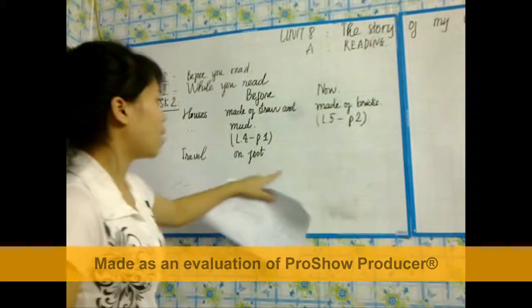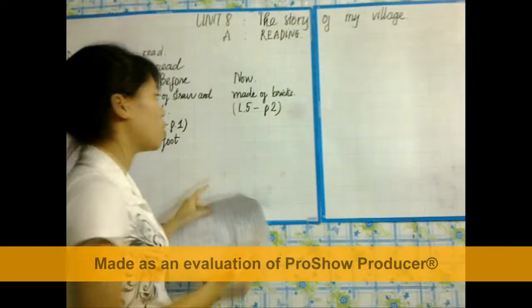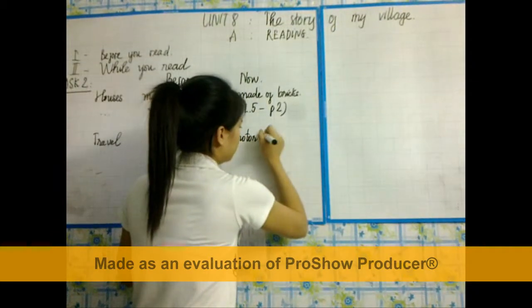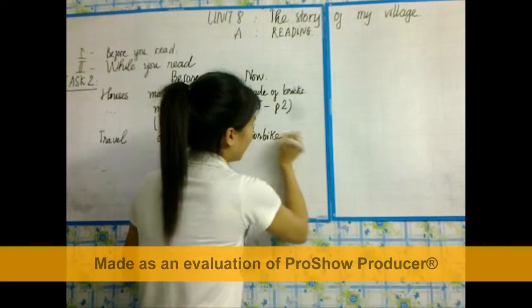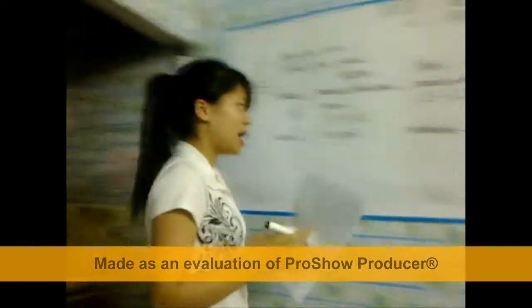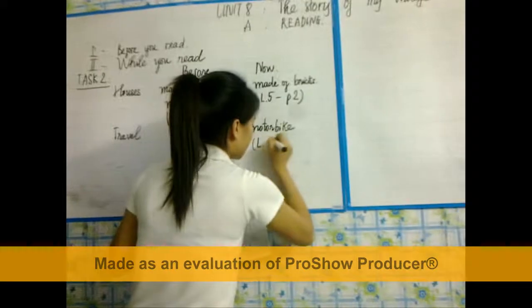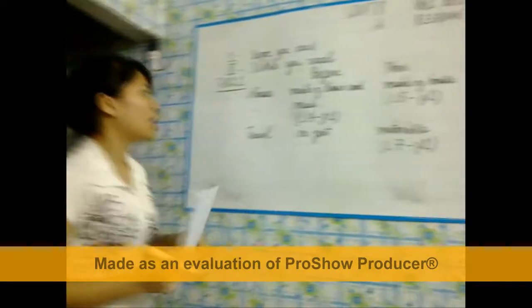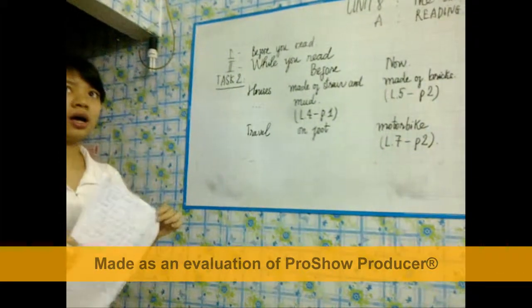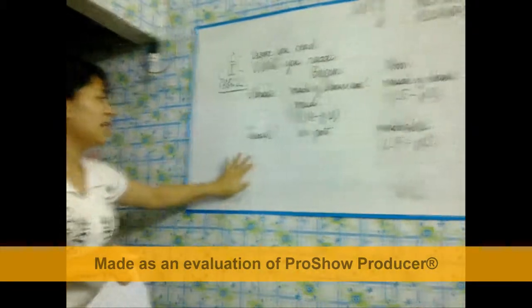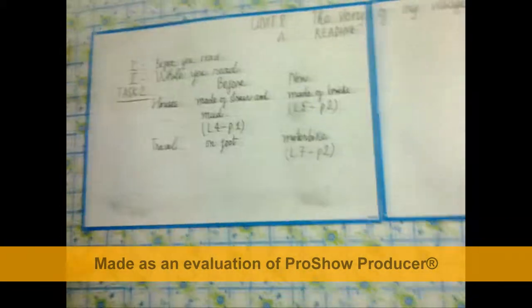And now we can go to the town, school, and hospital by motorbike. And we can see it in which line? Okay, line 7. In line 7 of passage 2. Okay. Do you understand it? Yes. So now let's move on to task 3.